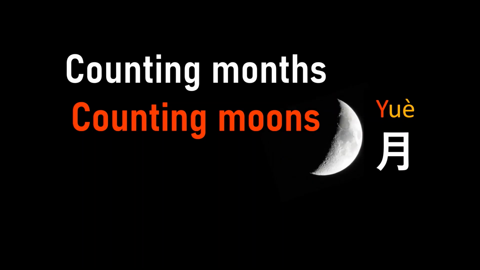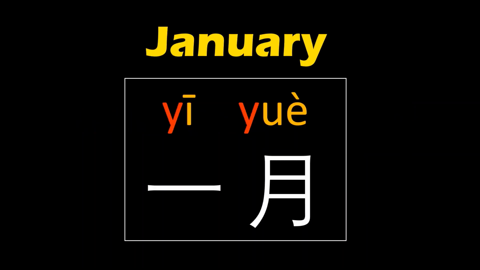We have learned how to count from 1 to 12 and how to say the moon in Chinese. Let's start with the recital process. Ready? January, 1 moon. Repeat after me. 1月.